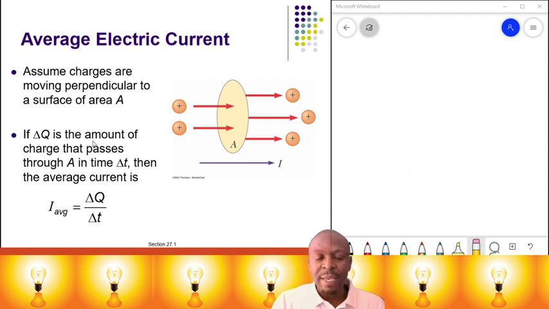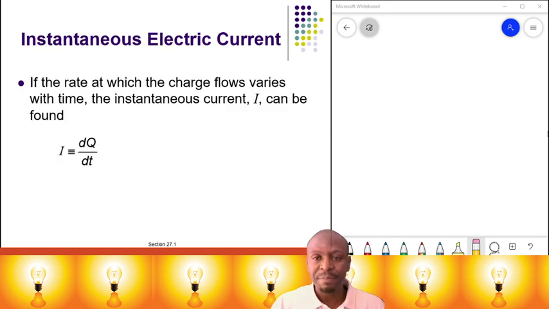Now in a case where a small amount of charge, say a change in Q, passes through that surface area in a change in t, then the average current is given by this equation as change in Q divided by the change in t.